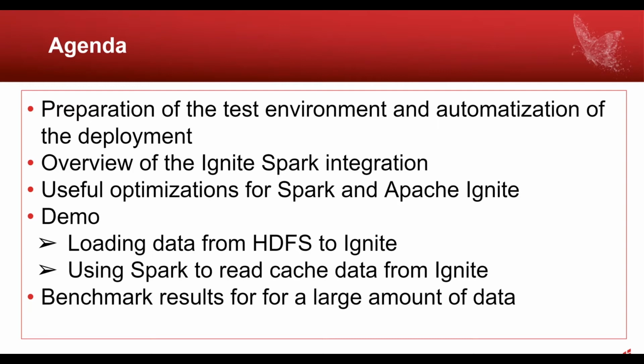The demo will contain several examples that I used during benchmarking of a large amount of data. So we will see some real results for these benchmarks, and after that we will take a look at results that I got from queries run on a large amount of data.